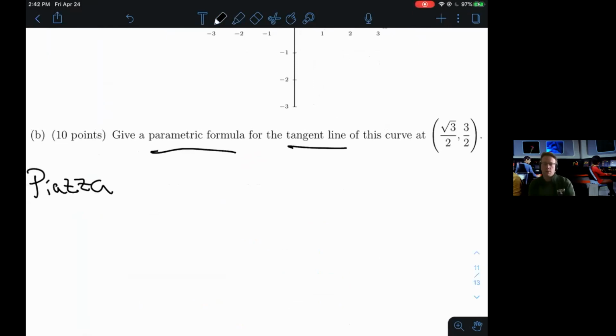So this one really wouldn't be appropriate to ask like this here in 2020. This is back when they had a different book, I think they were using Thomas calculus. Instead of doing a Cartesian equation for the tangent line, sometimes they did a parametric formula for the tangent line. So I would say that you don't need to know this. There were no learning set problems or assessment set problems for parametric formulas of tangent lines. So it's okay to skip this one.